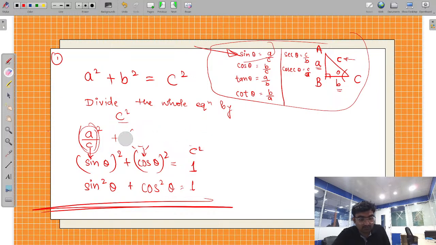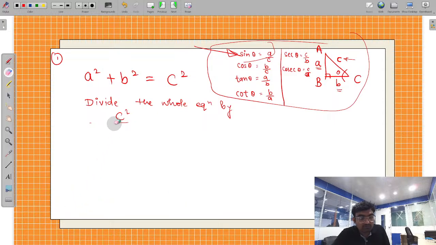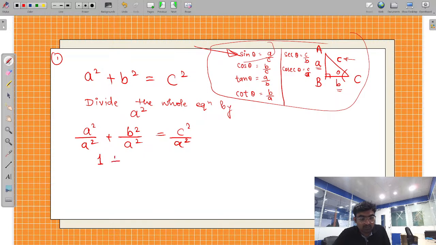Okay, I'll erase this for now. Now here, instead of dividing by c square, just divide the whole equation by a square. If you divide by a square, it will be a square upon a square, b square upon a square equals c square upon a square, right? So a square by a square is going to be 1 plus, now b upon a bracket square, what is b upon a?